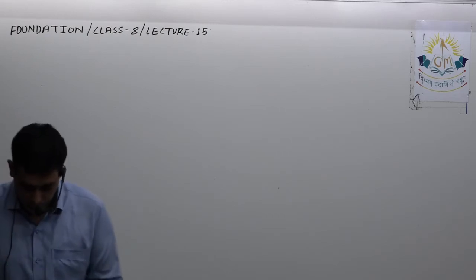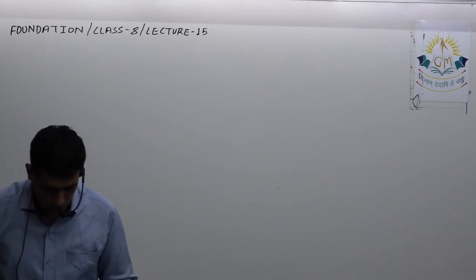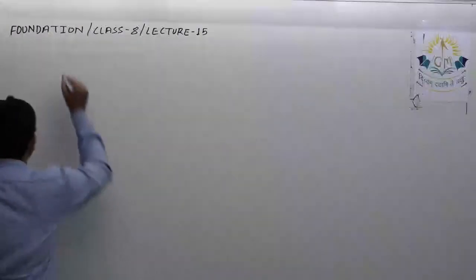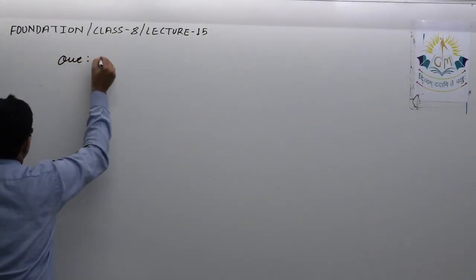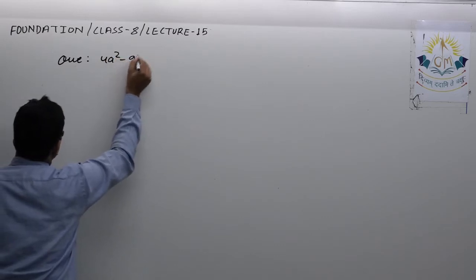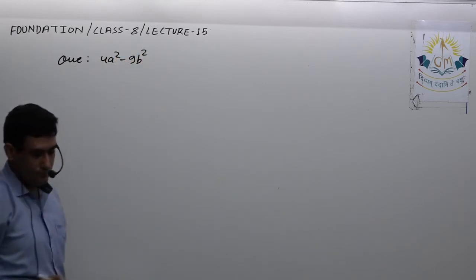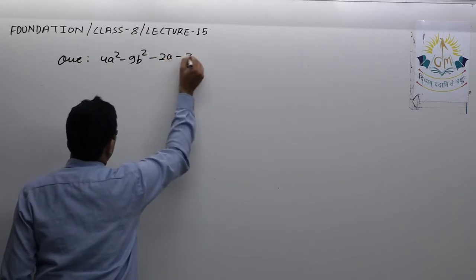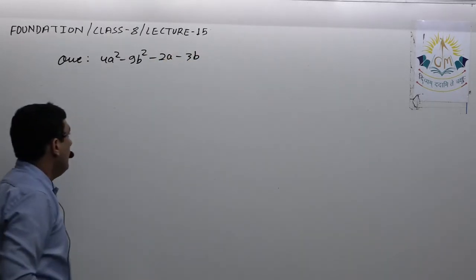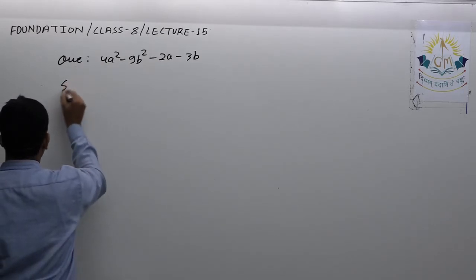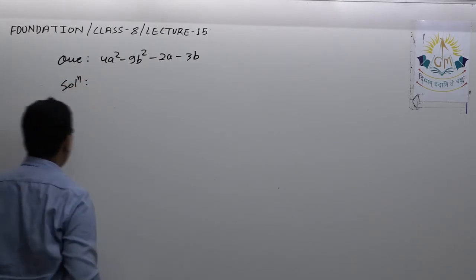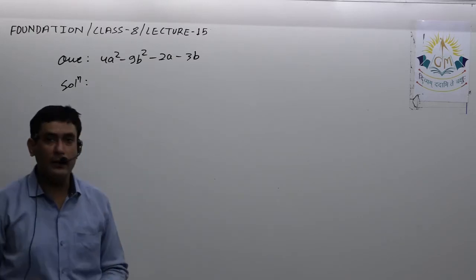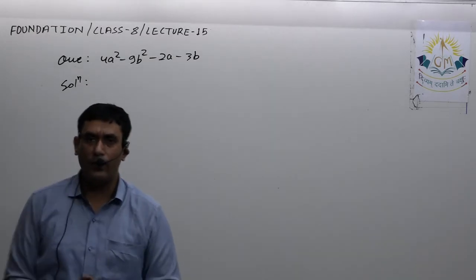Okay, so now the next question is 4a square minus 9b square minus 2a minus 3b. Up till now we saw questions in which there was directly an identity of a square minus b square.